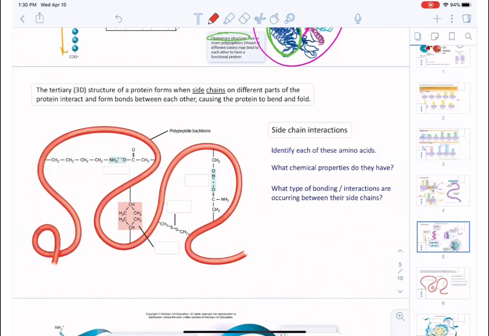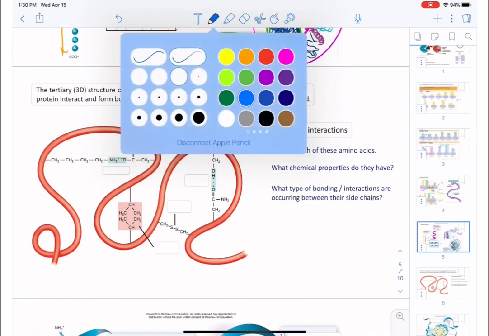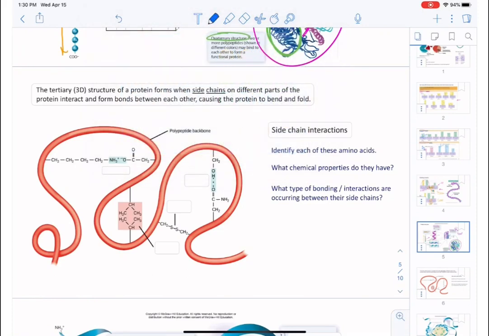So what I would like you guys to be able to do is to break down these side chain interactions that are causing a three-dimensional structure. And the first thing that I want you guys to do is to identify these individual amino acids. So what is this amino acid here? And how are you going to find that out? Well, you know the side chain, so you just need to go to the amino acid chart and find the amino acid with that side chain.